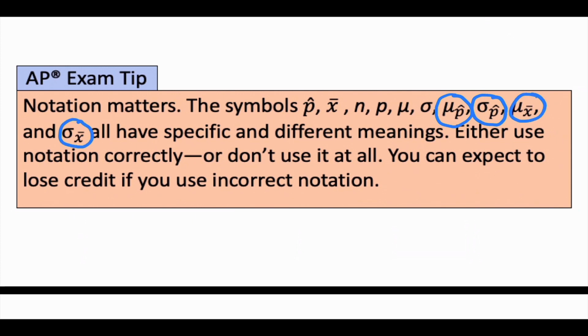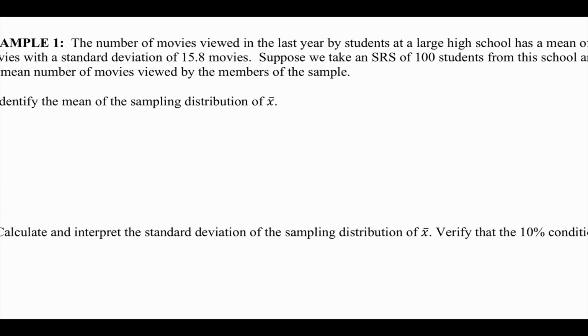The rest of them you're going to be seeing the rest of the year: chapter 8, chapter 9, chapter 10, chapter 11, and so forth. The ones I circled are mainly chapter 7 formulas.